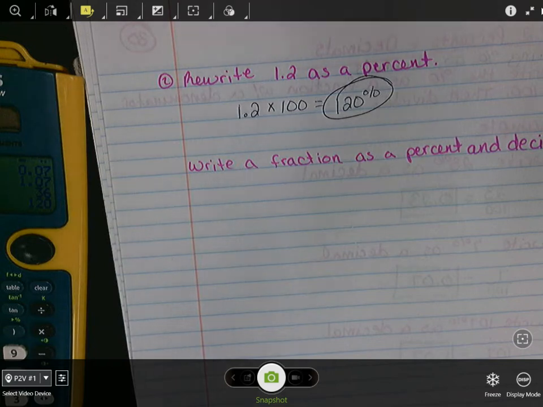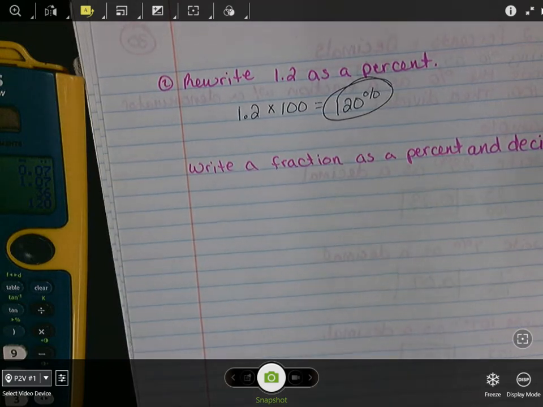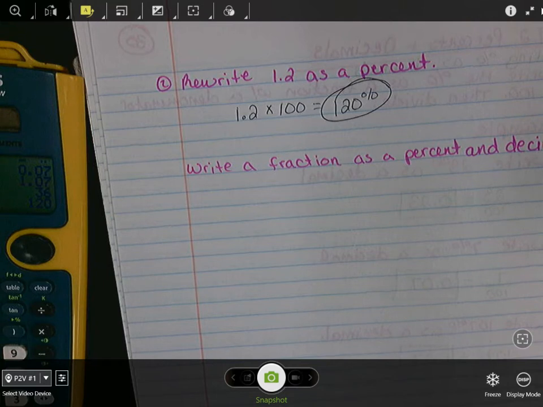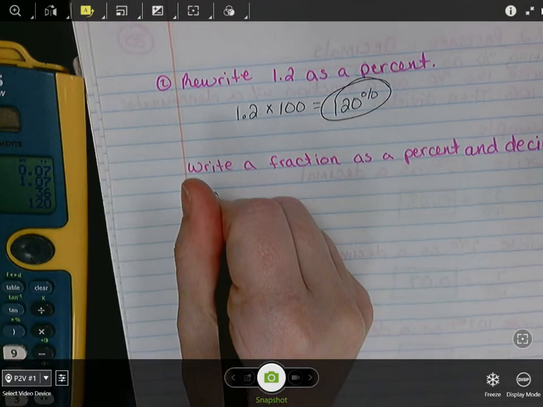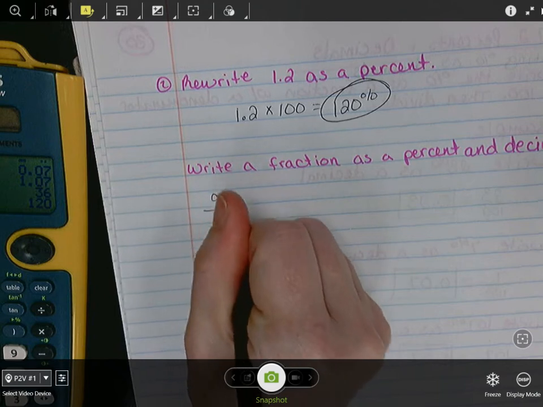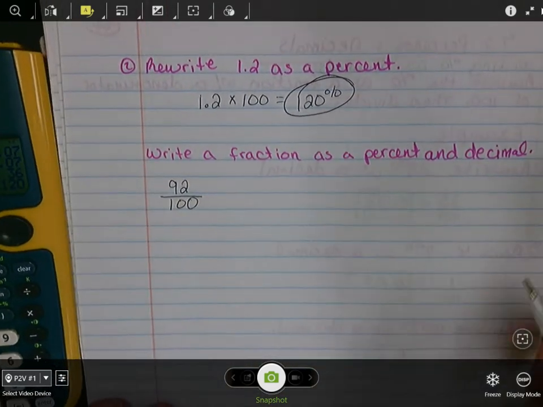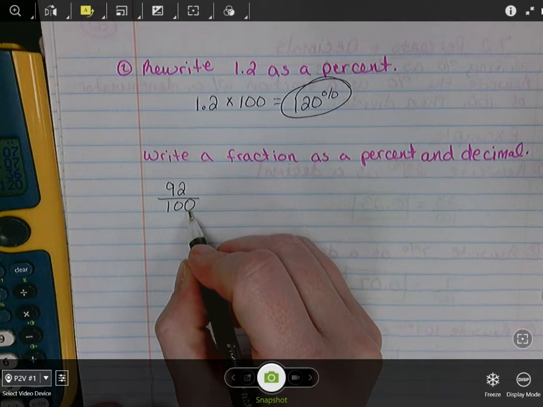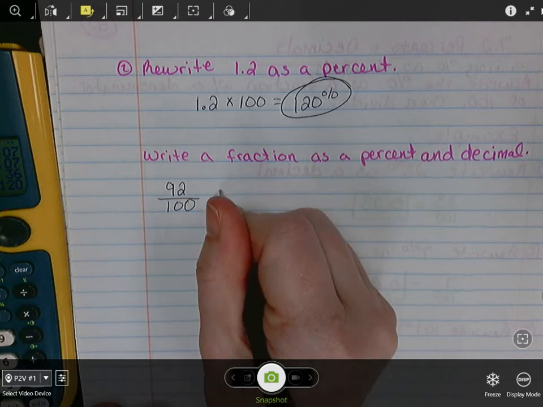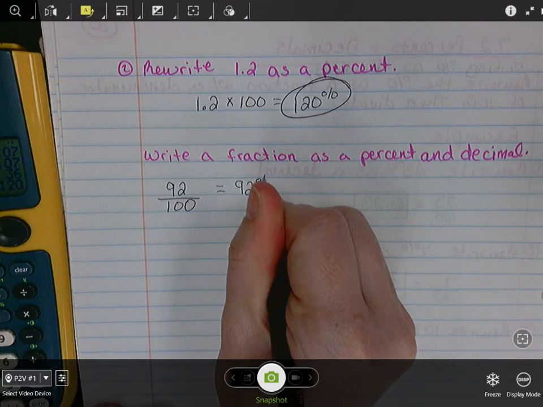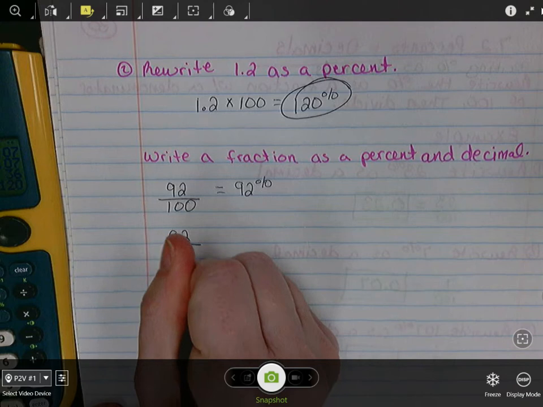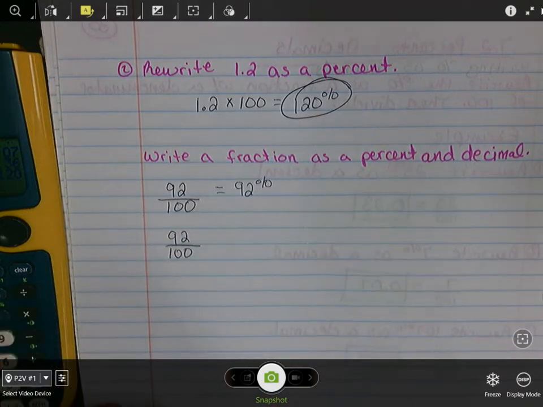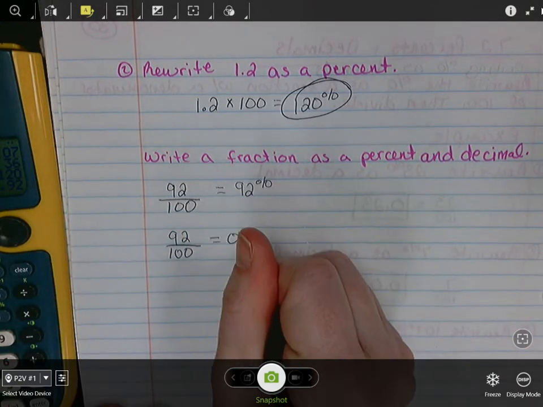All right, so the fraction that we want to write as a percent and a decimal is 92 out of 100. Okay. All right, so as a percent, the denominator has to be 100. Okay, so the denominator is already 100, so as a percent, this would be 92%. Okay, and then to get it as a decimal, you just do 92 divided by 100, and you get 0.92.